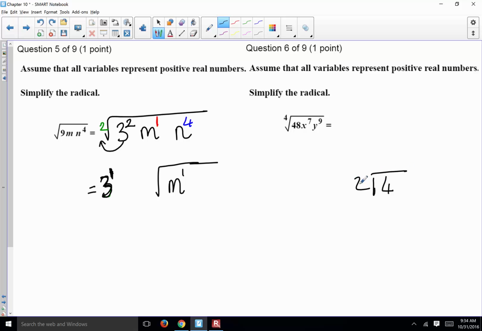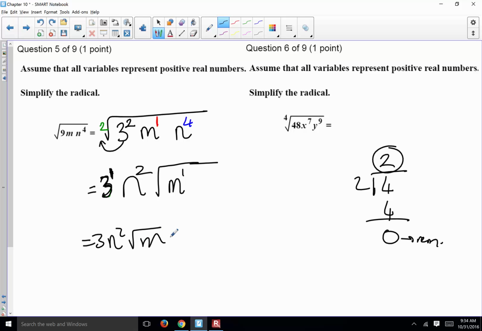Divide 4 by 2. 2 goes into 4 twice. 0 remainder means N to the 0, N completely comes out. If you have 0 remainder, that means no N remain inside. They are all out. With what power though? That's squared. So that's it. 3n squared m is the answer.